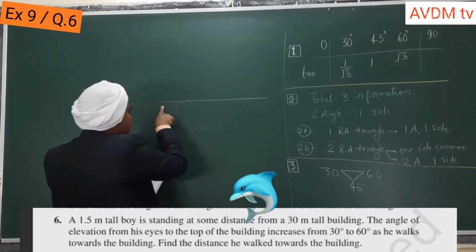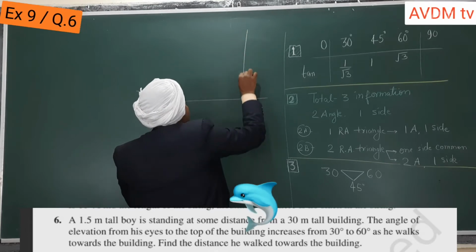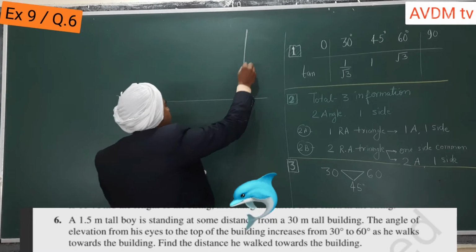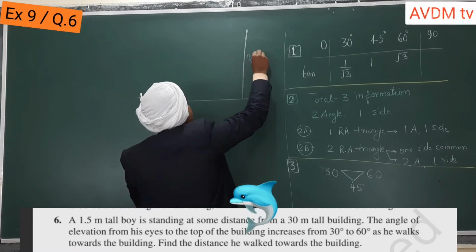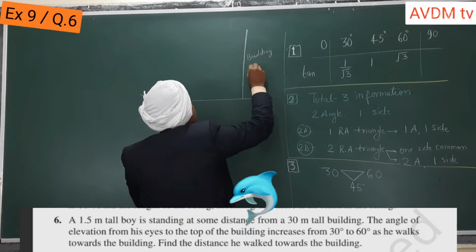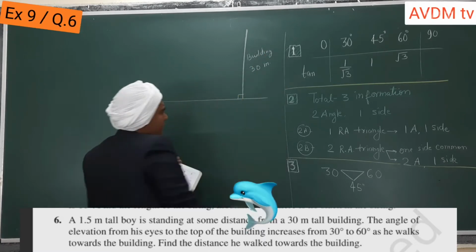This is the ground and there is a tall building. Its height is 30 meter and obviously this is 90 degree.